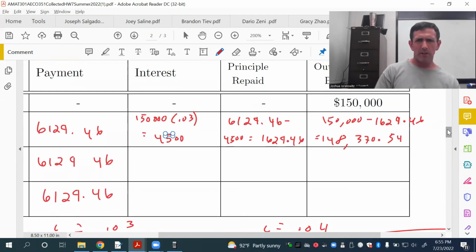Right. So now we take this. I'll just do the net interest for the second interest payment, then just write out the answers for the rest of it.